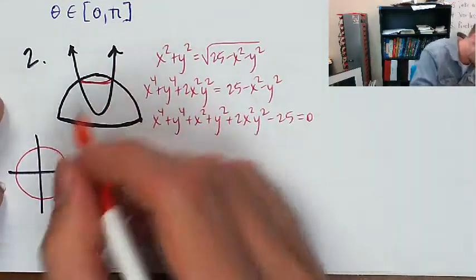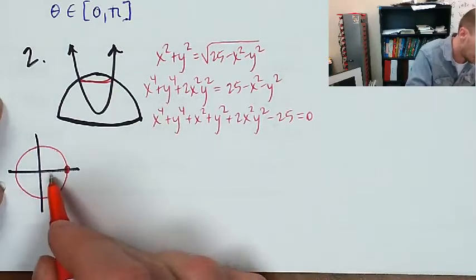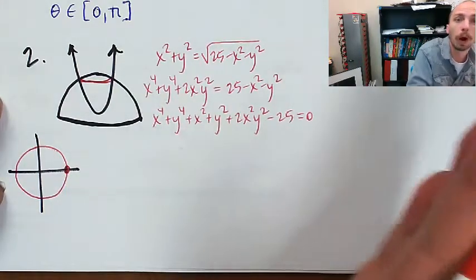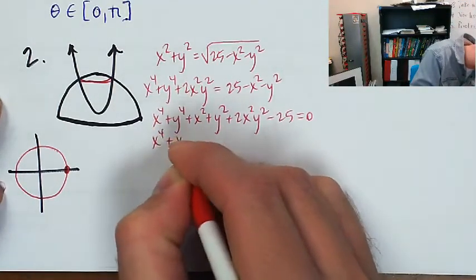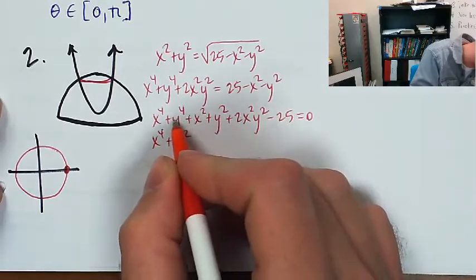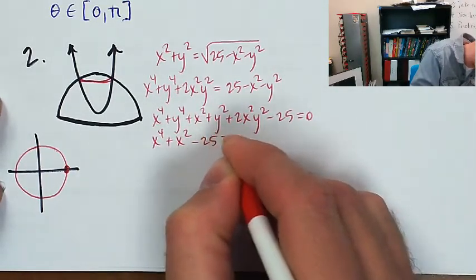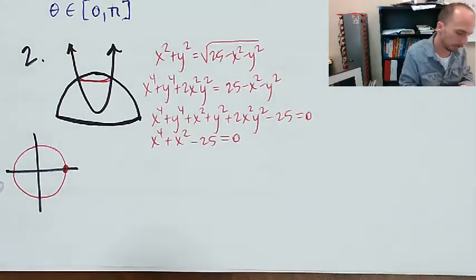And we just need to figure out what the x coordinate is right here, because that will give me the radius. The y coordinate right here is 0, so I'm going to let y equal 0. So I'm trying to solve the equation x to the 4 plus x squared, anything with a y in it goes to 0, minus 25 is equal to 0. We can do that.